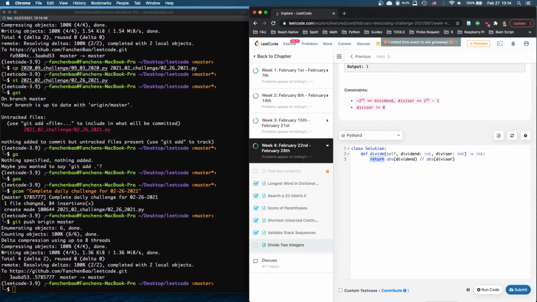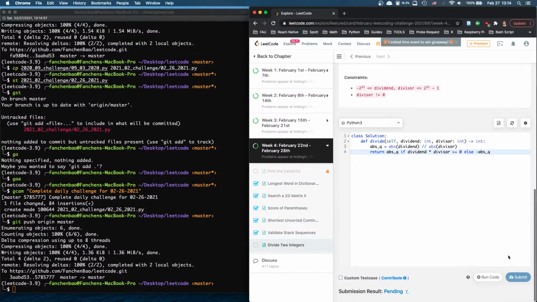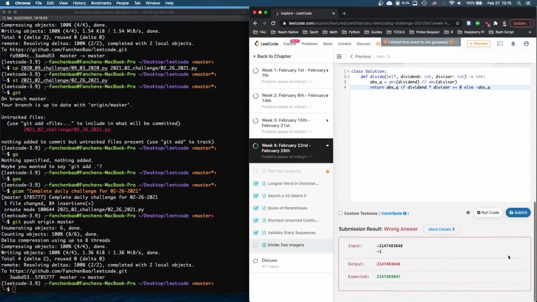So I want to say absQ equals this, and then return absQ if dividend times divisor is larger or equal to 0, else minus absQ. That shall work. It's still wrong. Oh, the overflow.